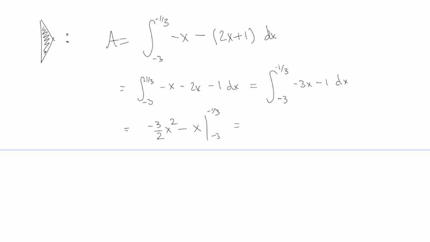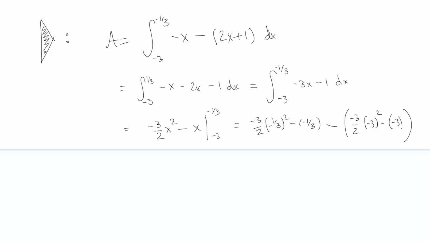So here I get -3/2 times (-1/3) squared minus (-1/3), and then I go minus, plug in the other number: -3/2 times (-3) squared minus (-3). There you go. This is my answer.